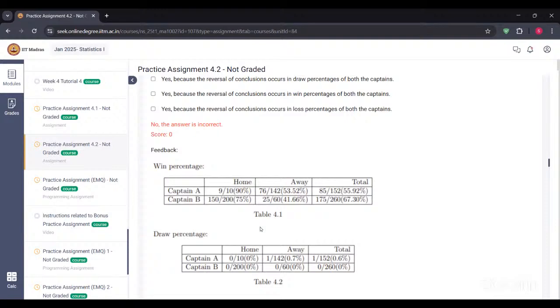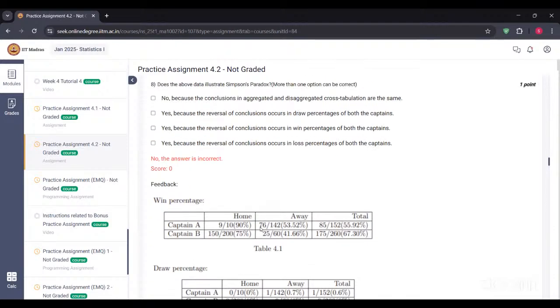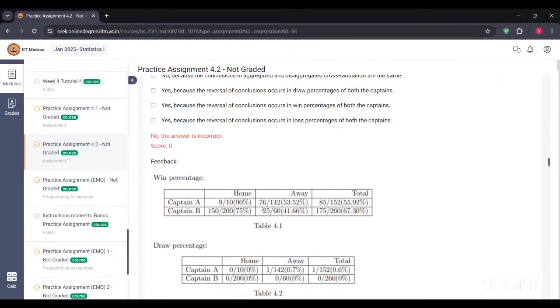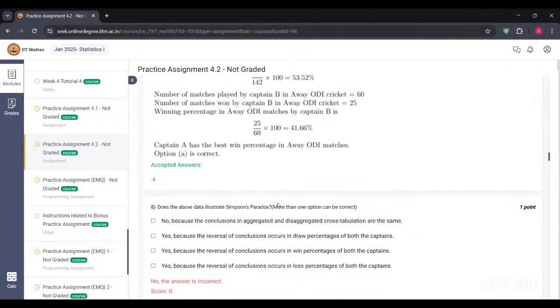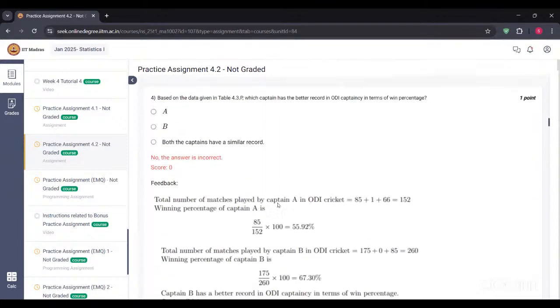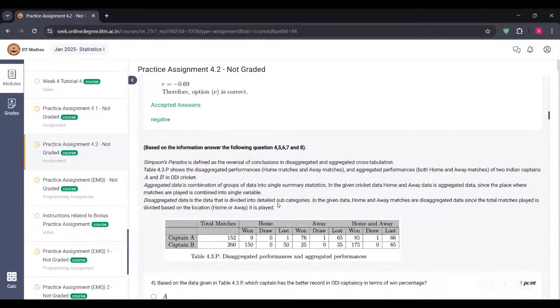We are not working on probability here. We are working on the stats. There is a possibility that in 1,000 matches he will win only 9 matches, but from the data here we can conclude that he will win 900 matches. Here we are calculating relative frequencies, right? This 9 by 10, 76 by 142. These are the relative frequencies.